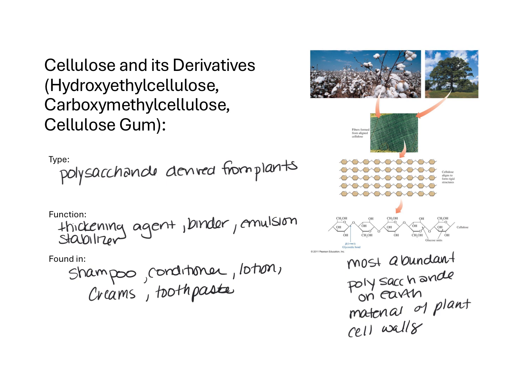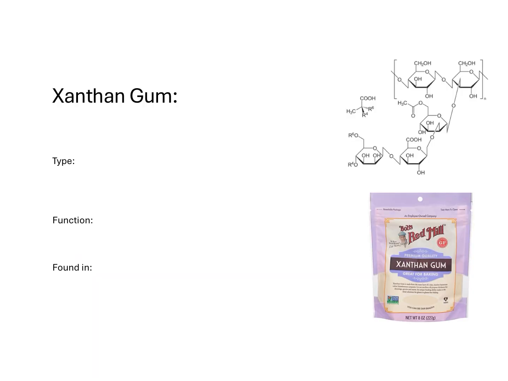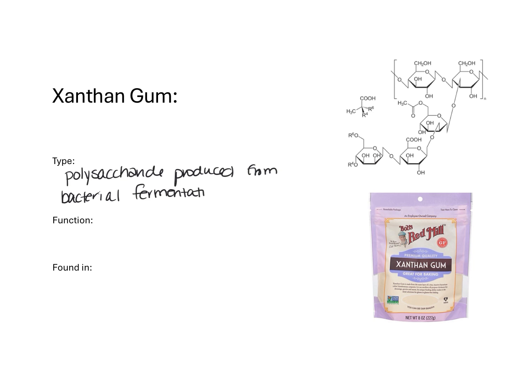Our next polysaccharide is xanthan gum, right? This is a polysaccharide produced by, probably would be better, fermentation. You can buy it in a lot of different places.